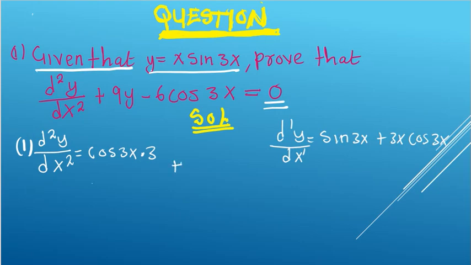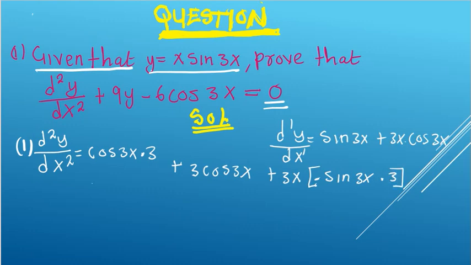Okay, then we say plus, what is dy/dx of this particular part? So we use the product rule. So what is dy/dx of 3x? It is just 3 cosine 3x plus, we maintain this particular part, then we find dy/dx of this part. So dy/dx of that part is simply a negative sine 3x multiplied by 3. That is the chain rule.